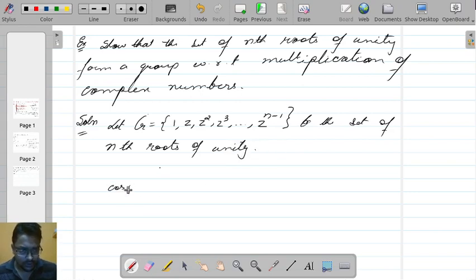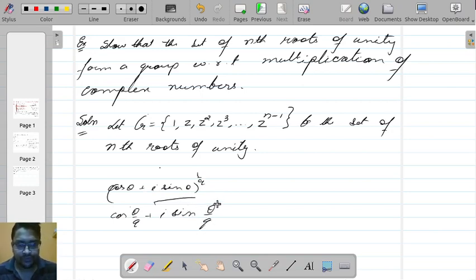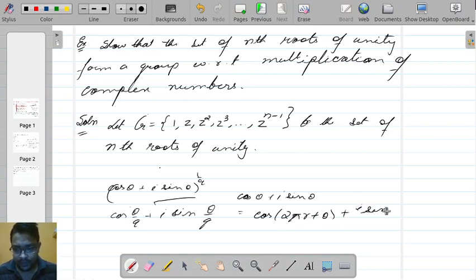Actually I told you this cos theta plus i sin theta to the power 1 by q. Then cos theta by q plus i sin theta by q is one of the values of this expression. And this cos theta plus i sin theta, by your properties of trigonometry, can be written as cos twice pi r plus theta plus i sin twice pi r plus theta.